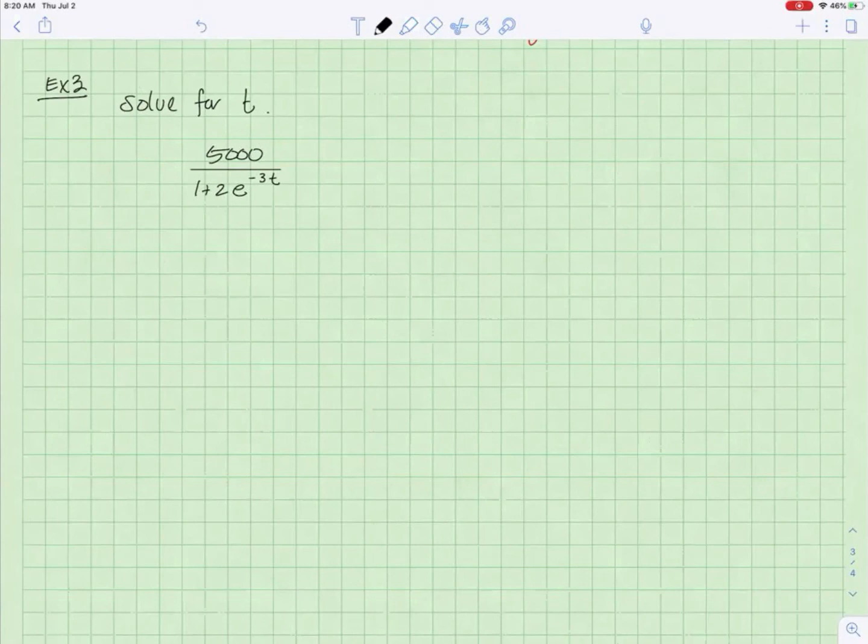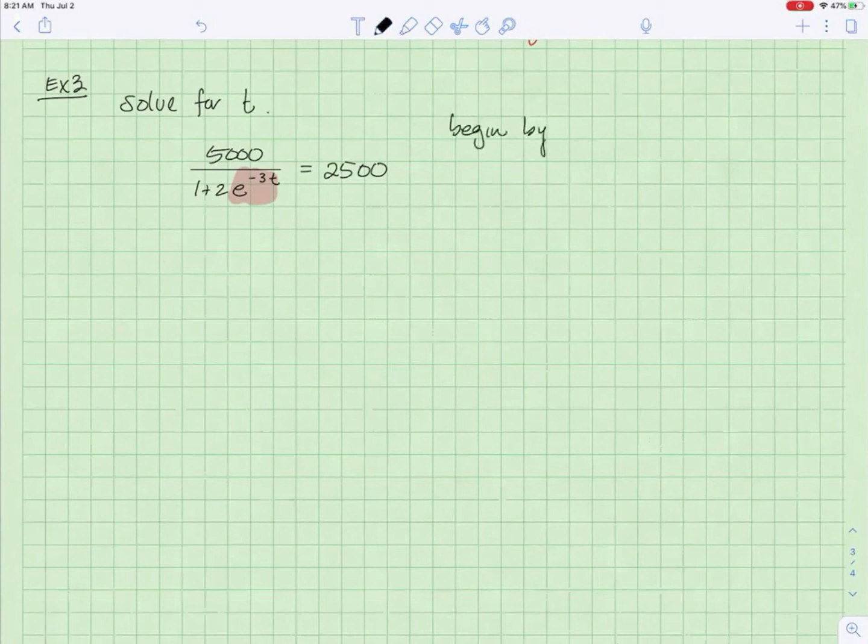Example number 3 for solving exponential equations is a pretty straightforward example. The only real difference between this and the last couple of examples is the fact that there is some algebra thrown at us in the beginning. So what you want to do in a situation like this is identify the exponential term in your expression and treat that like your variable at first.